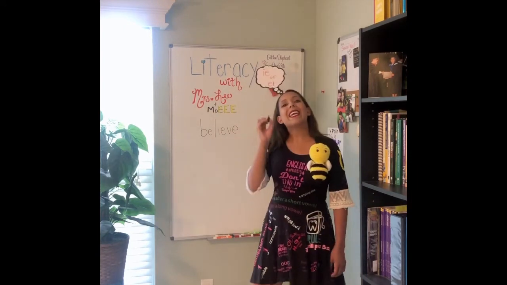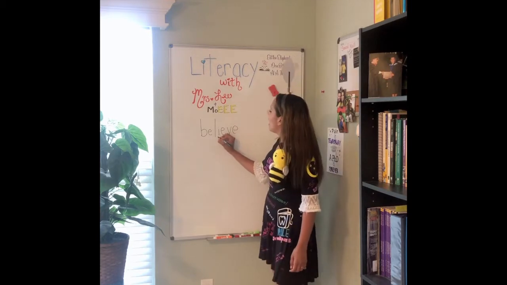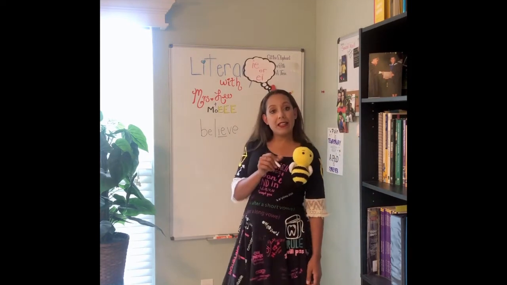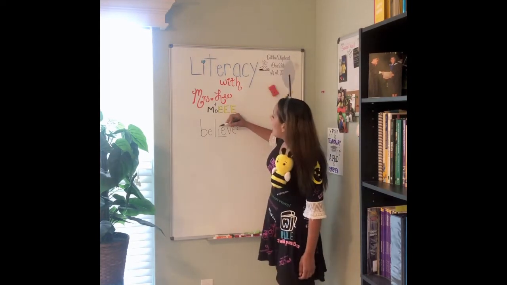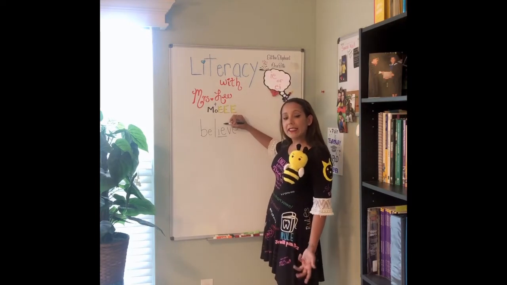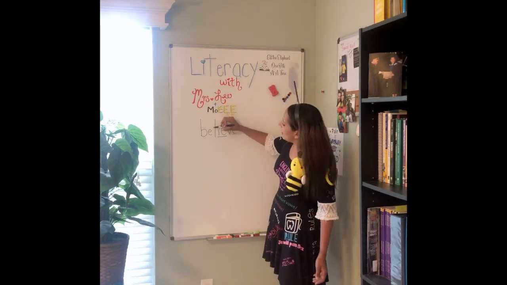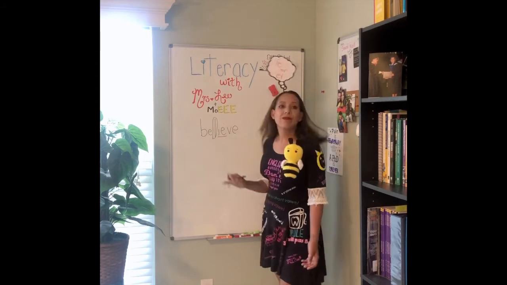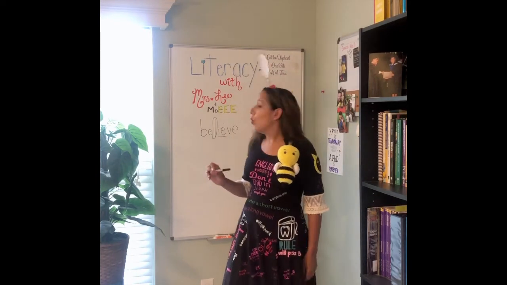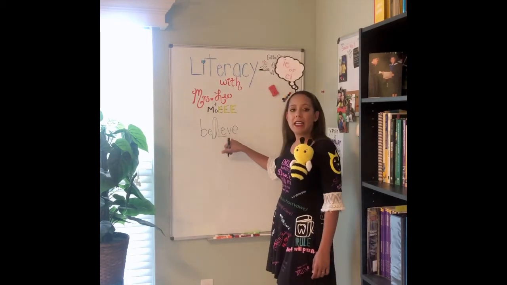We would write that E sound with an IE because I before E except after C. And do you see a C right here? That's an L. So we will write that with an IE.